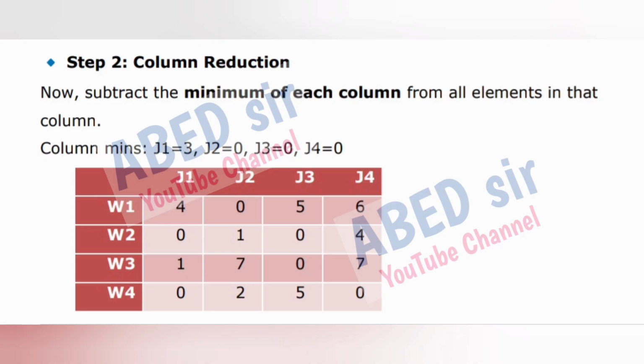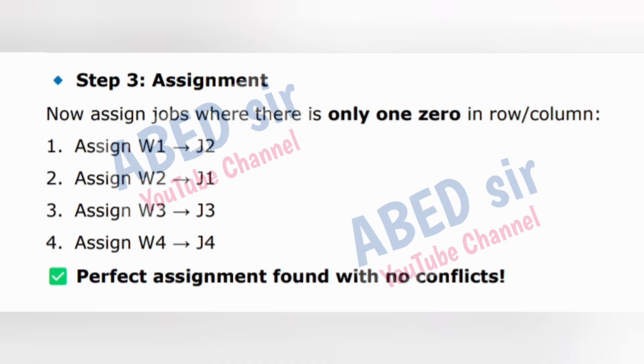Column mins J1 is equal to 3, J2 is equal to 0, J3 is equal to 0, J4 is equal to 0. J1, J2, J3, J4. W1: 4, 0, 5, 6. W2: 0, 1, 0, 4. W3: 1, 7, 0, 7. W4: 0, 2, 5, 0.